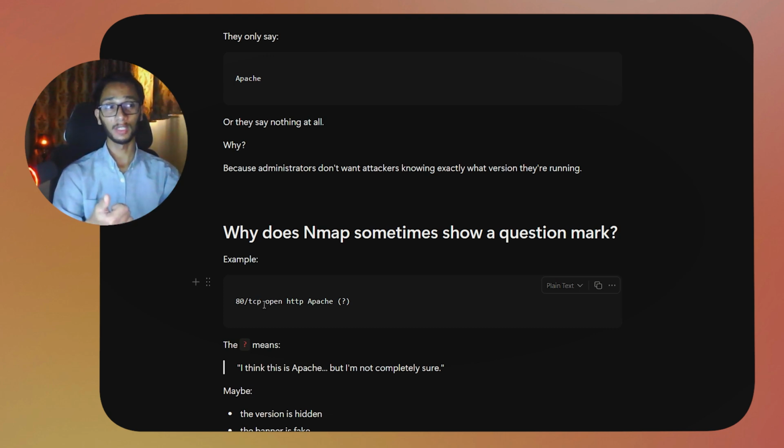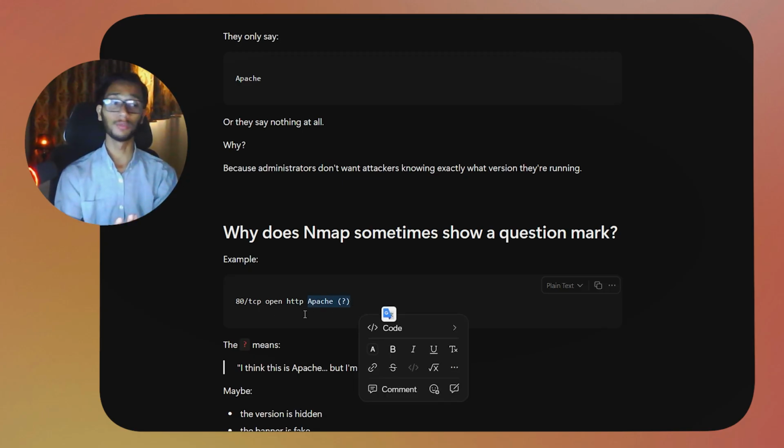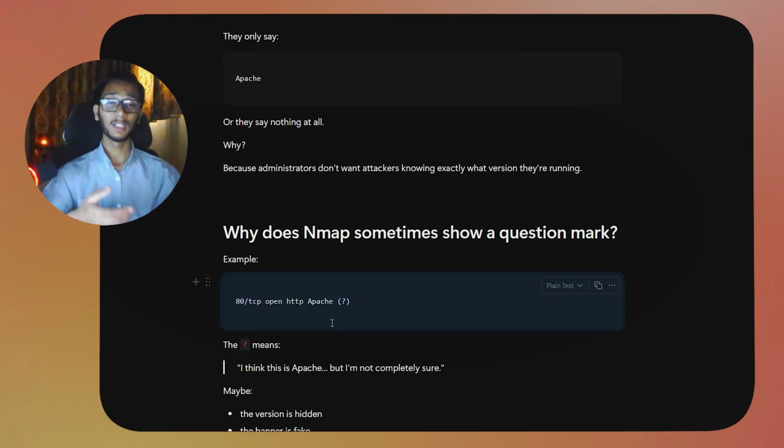For example, port 80 is open, it has HTTP running, and it is running Apache, but we don't know what Apache version. So the question mark over here means that Nmap didn't get enough information to tell us specifically which version of this Apache server it is.